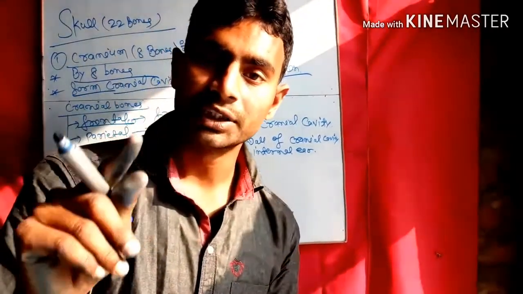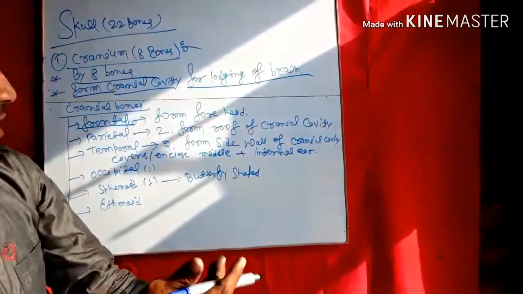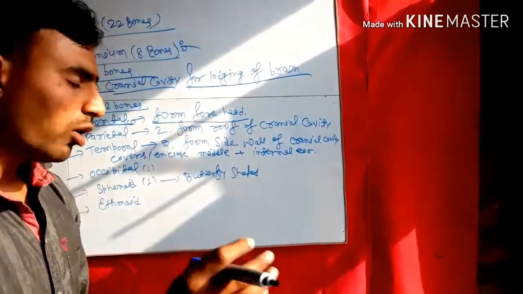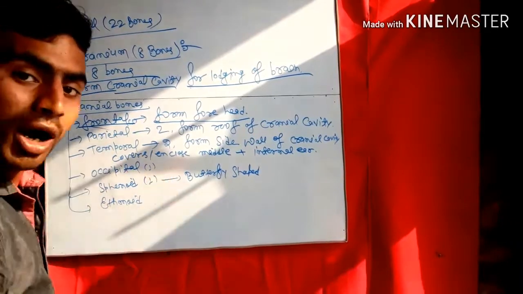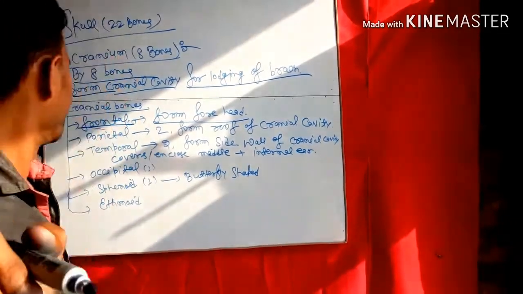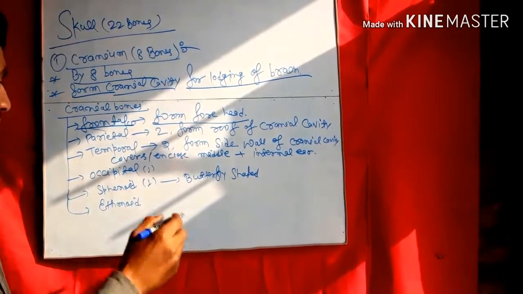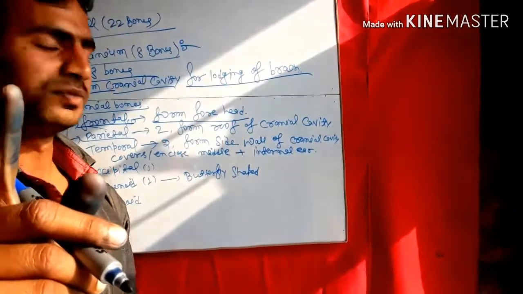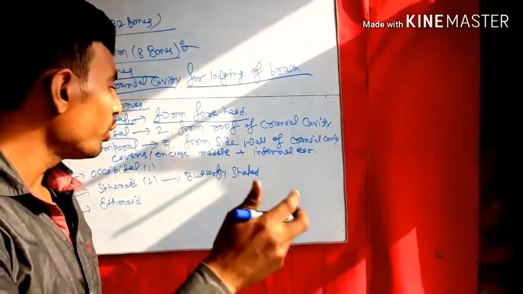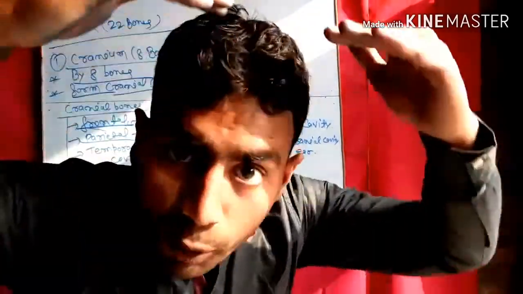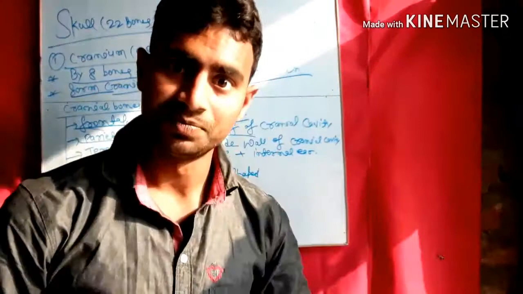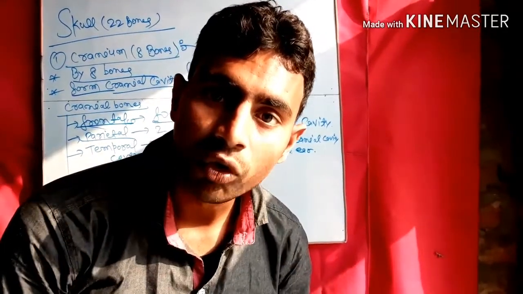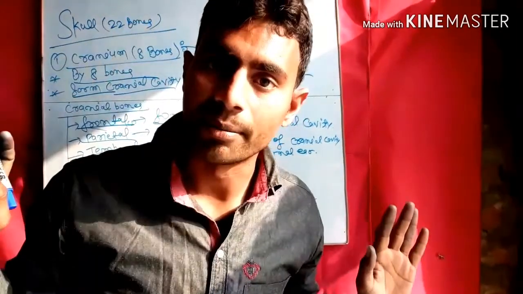One frontal bone is present, which forms the forehead. Second is one pair of parietal bones. Parietal bones form the roof of the cranial cavity.